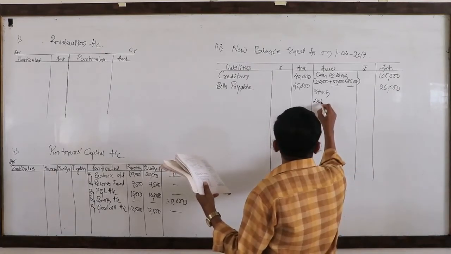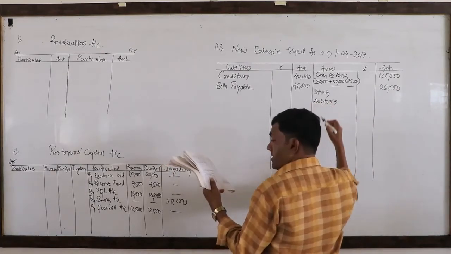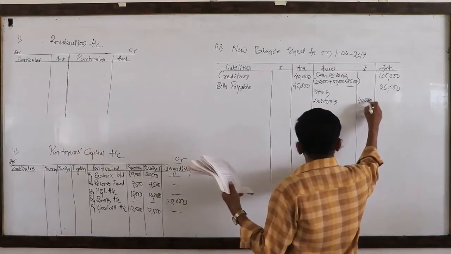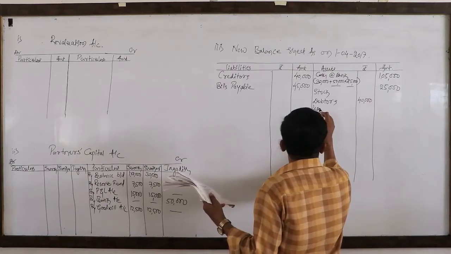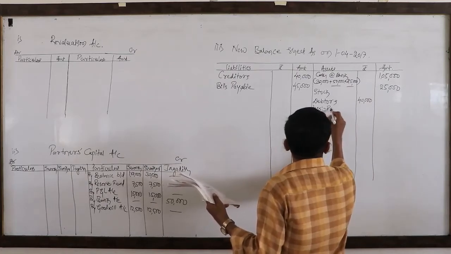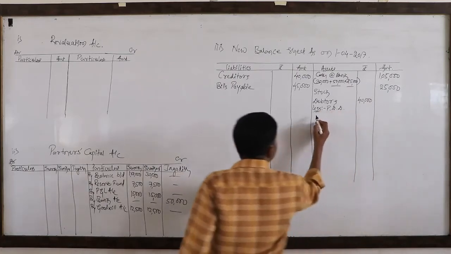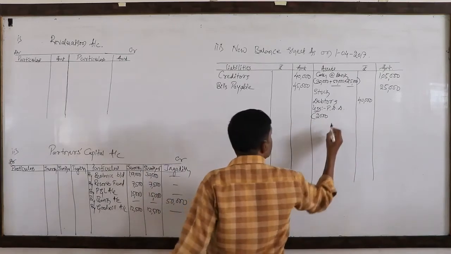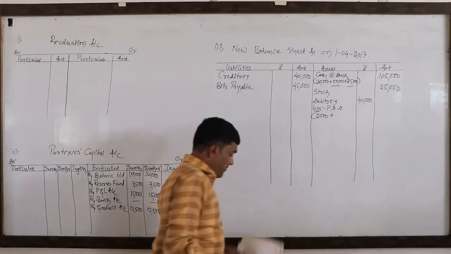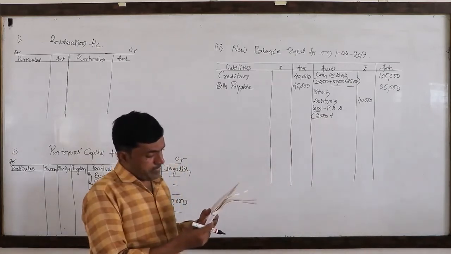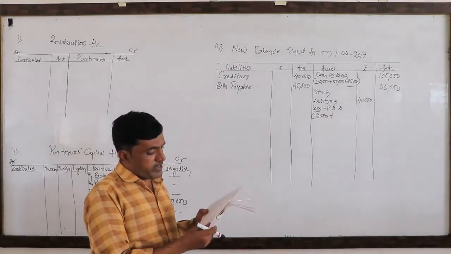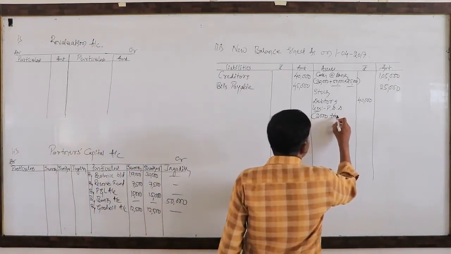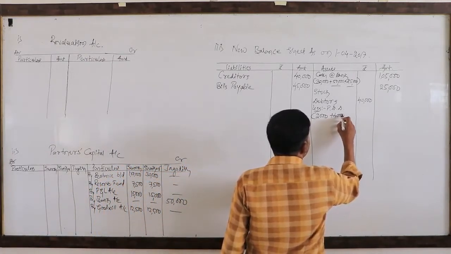Debtors, there is an adjustment. The book value of debtors is 40,000 less PDD, the old PDD of rupees 2,000. Now they have mentioned to increase the provision for doubtful debts by rupees 4,000, meaning we need to increase it by rupees 4,000.